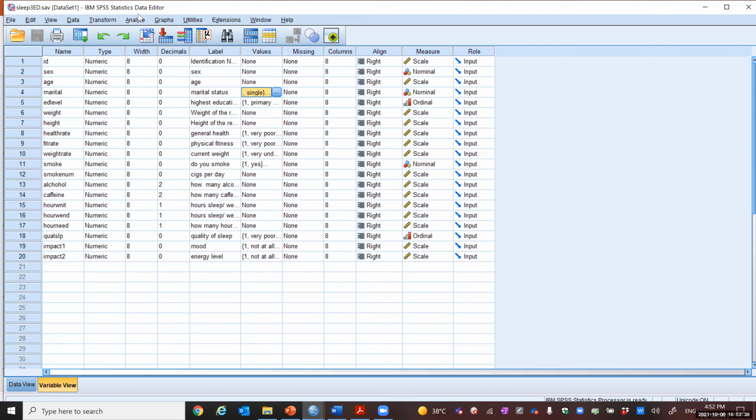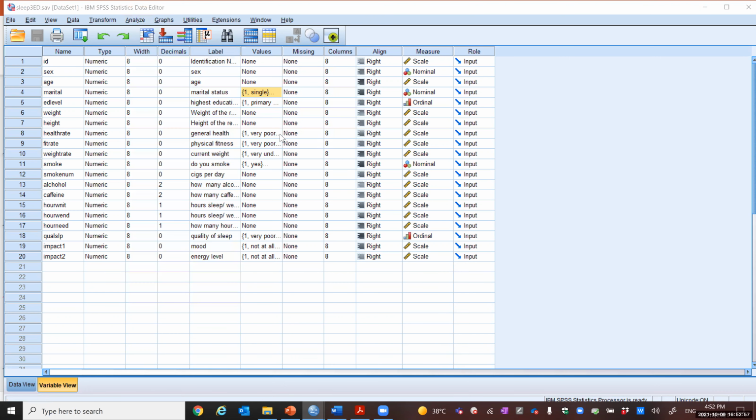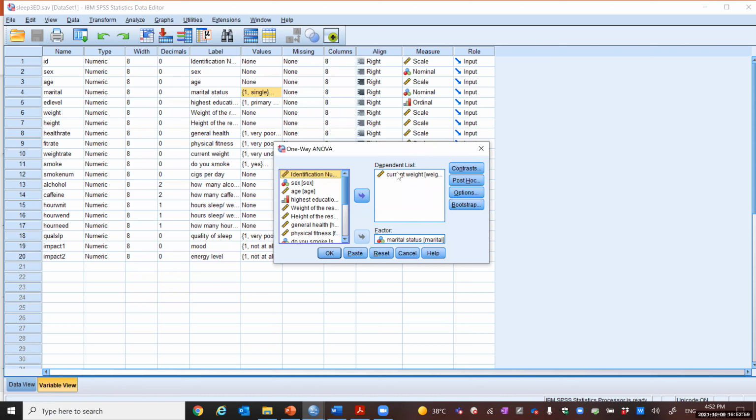Okay, fine. So what we'll do, we will click here on Analyze. In Analyze, we will again go down to Compare Means. In Compare Means, we would go down to One-Way ANOVA. Let me put this back so that we are able to do it from the beginning.